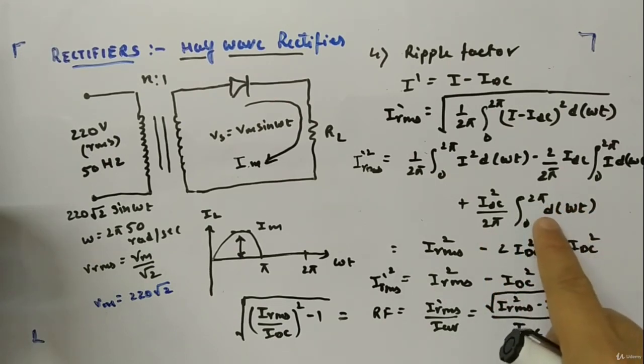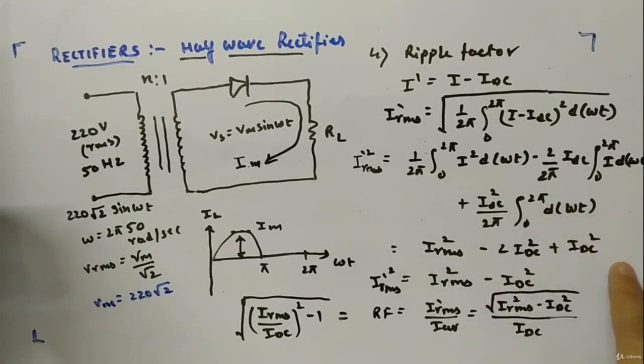This integration will give 2 pi, 2 pi gets cancelled and 1 you will get. So this is the expression: minus 2 IDC square, and this will cancel. So IRMS square minus IDC square will be IRMS dash square. This will be the expression you get.